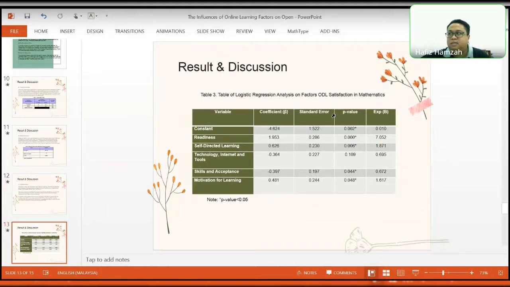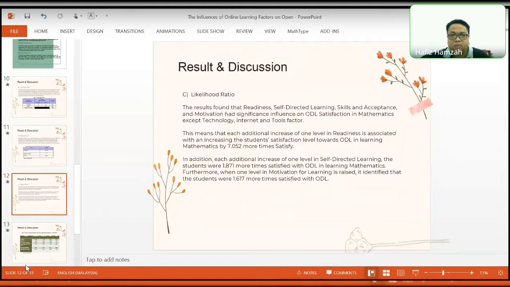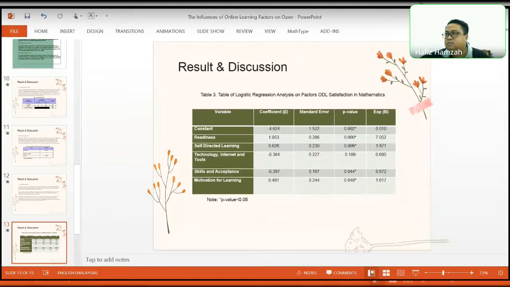This means that each additional increase of one level in technology, internet, and tool is associated with a 0.31% decrease in the odds of satisfaction with ODL. Meanwhile, for skill and acceptance, each additional increase of one level was associated with a 0.33% decrease in the odds of satisfaction towards the ODL.